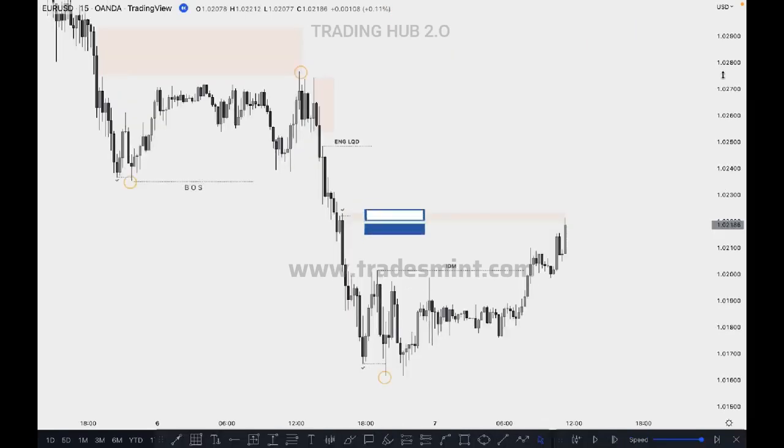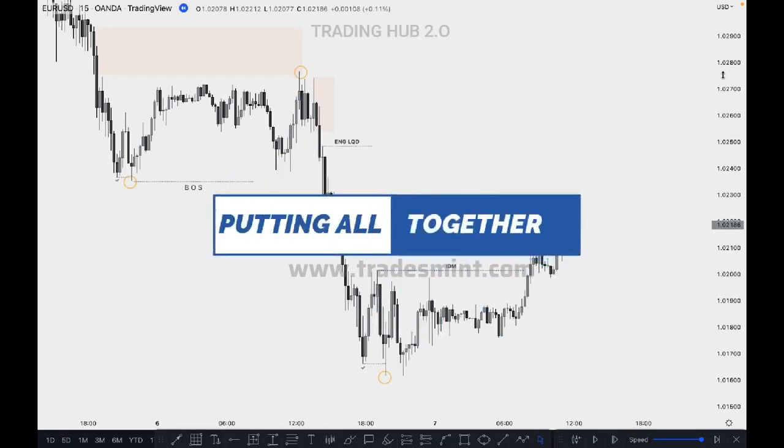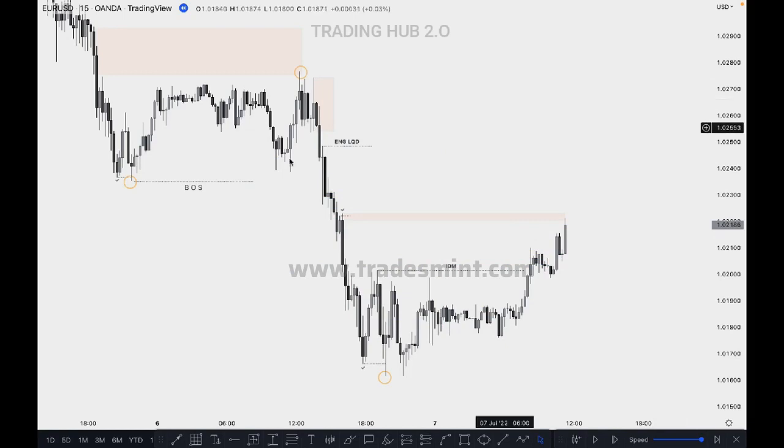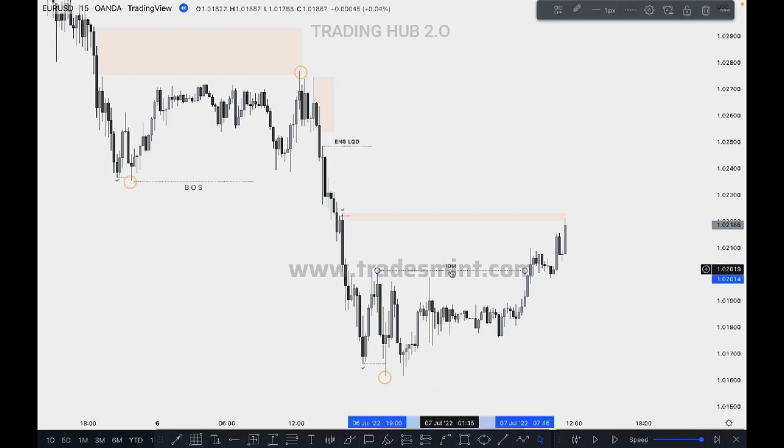Okay, as you can see here, market momentum is bearish and creating lower lows, and once the market breaks this structure, after the break of this structure the market creates a new low here. Why? Because the market took out the previous recent high, and where is our inducement, which is here. And after taking out this inducement, after taking out the engineered liquidity, we are looking for the buy and sell.